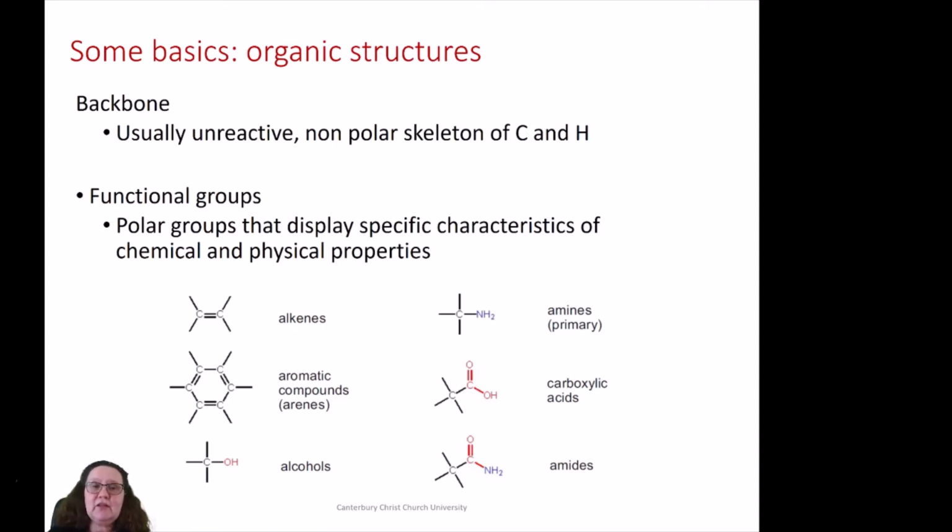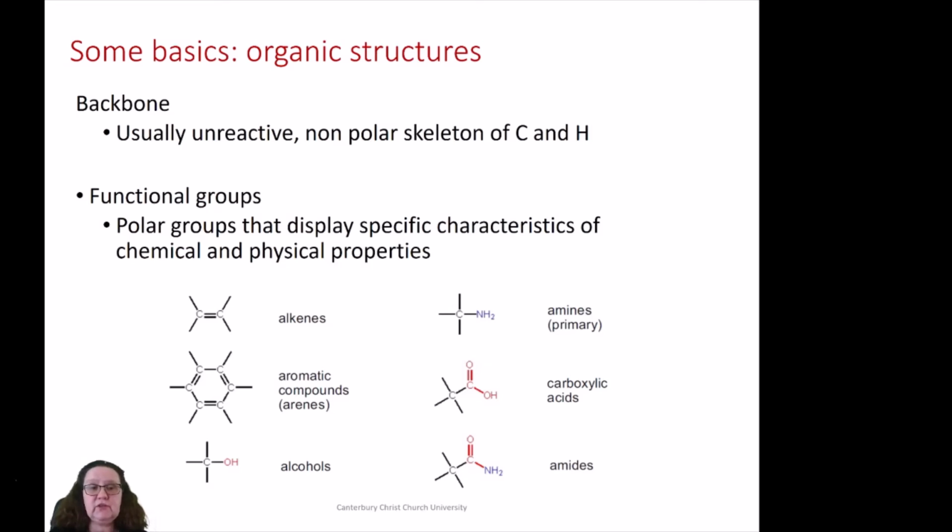And then in that carbon-hydrogen skeleton, there are one or more functional groups. Those are a specific combination of atoms that repeat over and over again throughout organic chemistry and display particular chemical and physical properties. And typically those functional groups are polar.